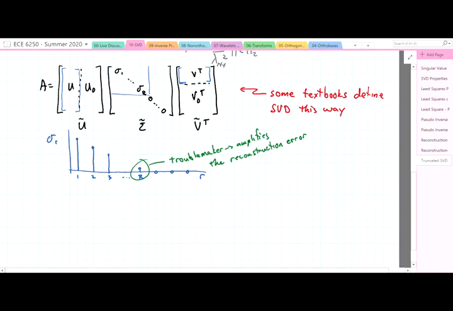If the next one is much larger, then we've gotten rid of our major source of reconstruction error, but at what cost? The cost is we've introduced new error in our pseudo-inverse. And so we have these trade-offs that we might consider. And today we're going to look at what happens if we eliminate that smallest value.